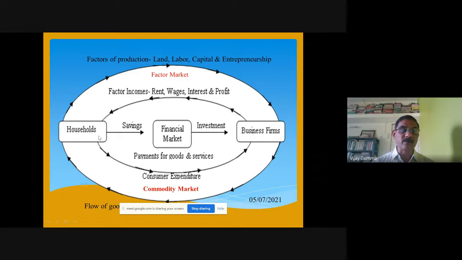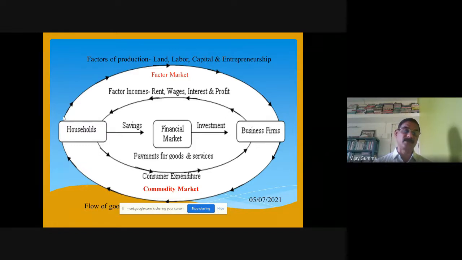The household sector supplies the services of factors of production to the business firm sector through the factor market and receives income from the business firm sector in the form of rent, wages, interest, and profit.